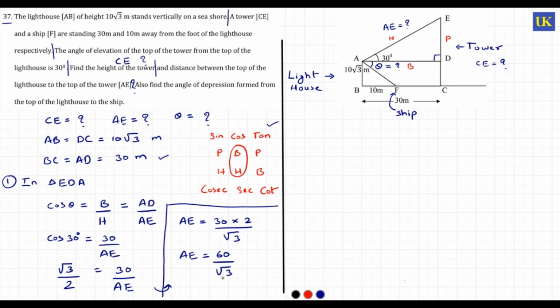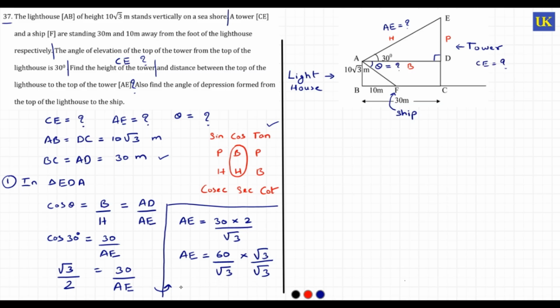Now we know that in the denominator we cannot keep root 3, it will become irrational. So to rationalize the denominator, we have studied this, we need to take the same thing and multiply and divide it in the numerator and denominator, so that we can rationalize the denominator part.